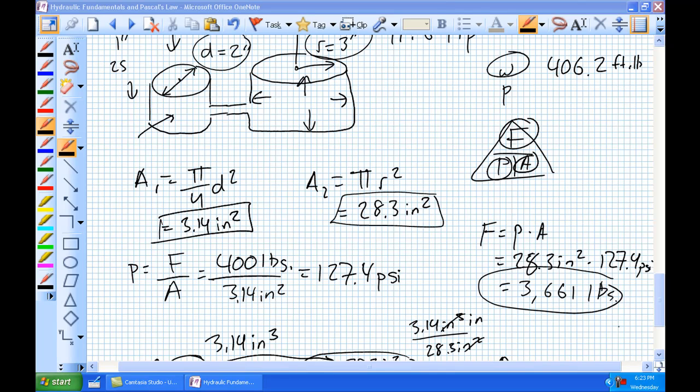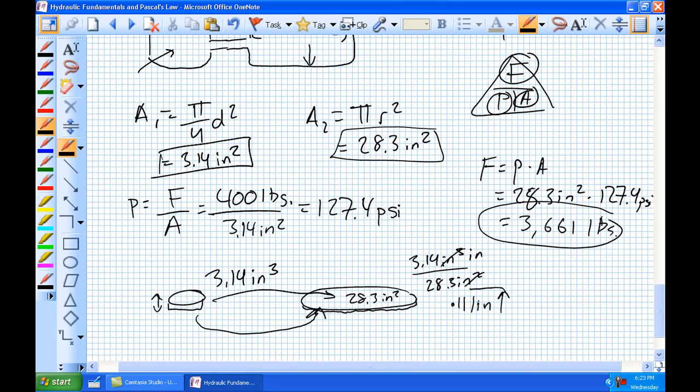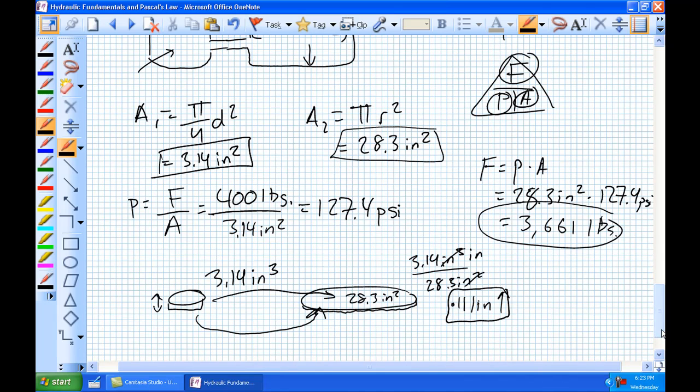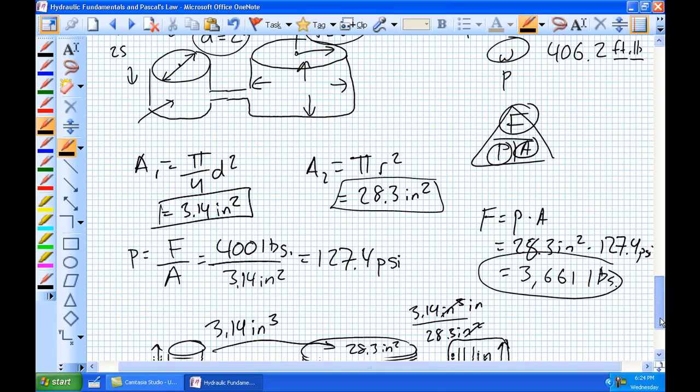So, where's the error here? Notice the unit, foot-pounds. Okay? Foot-pounds. What was the vertical displacement of that disk? 0.111 inches. So the reason why I did it this way is to illustrate a very, very common error, especially with the English system.